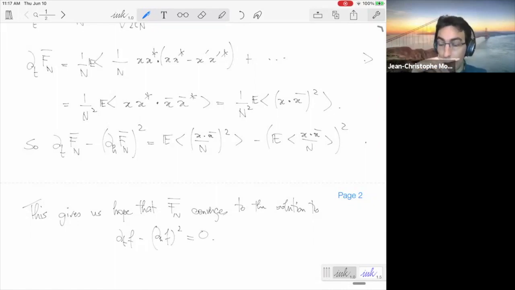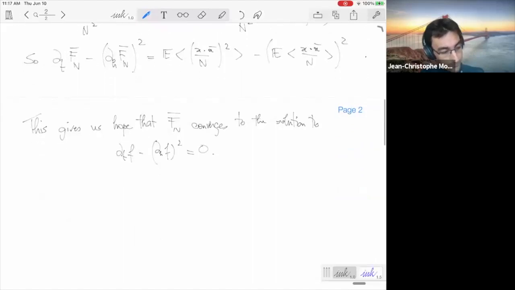And another thing which is as in the Curie-Weiss case is that we can compute, when we set t equals 0, this quantity explicitly, and in fact it does not depend on n. So let me explain that as well.